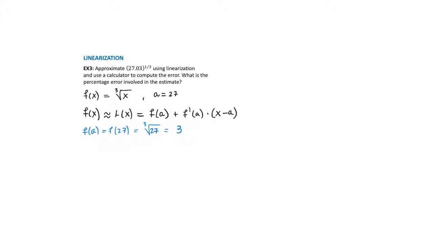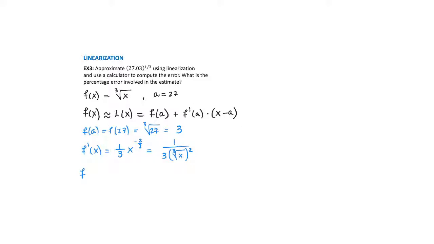I will also need to differentiate. So f prime of x will be equal to 1/3 x to the 1/3 minus 1, so negative 2/3. That's going to give us 1 divided by 3 times the cube root of x squared.